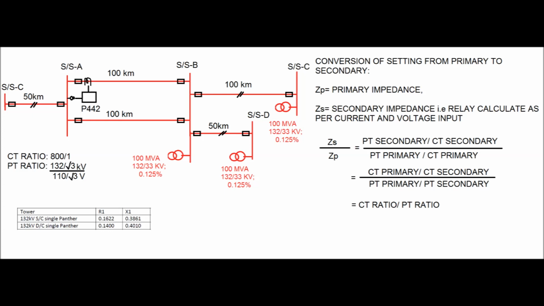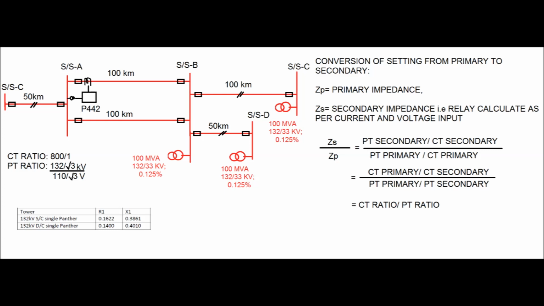Now how to calculate or convert the setting from primary to secondary value? Now if ZP is the primary impedance and ZS is the secondary impedance, we require the CT ratio and PT ratio to convert the primary impedance to the secondary impedance. Now ZS and ZP are both impedances with respect to secondary and primary.